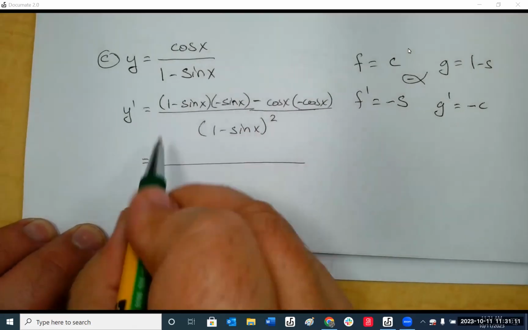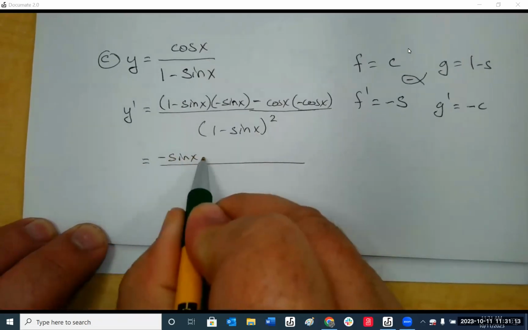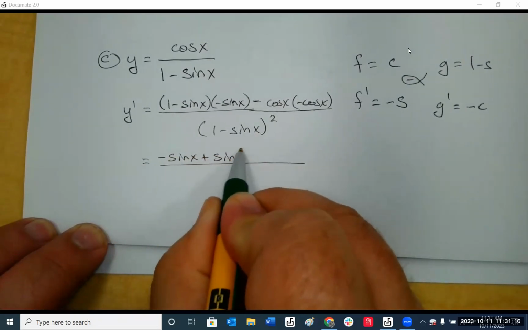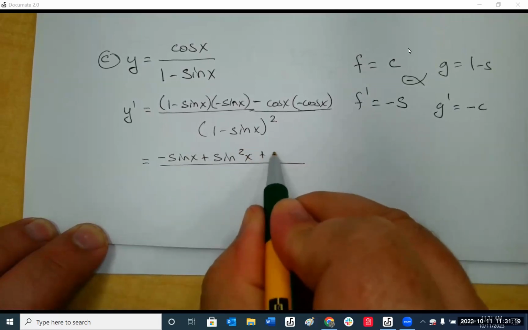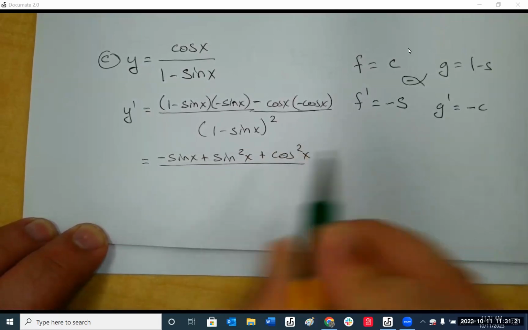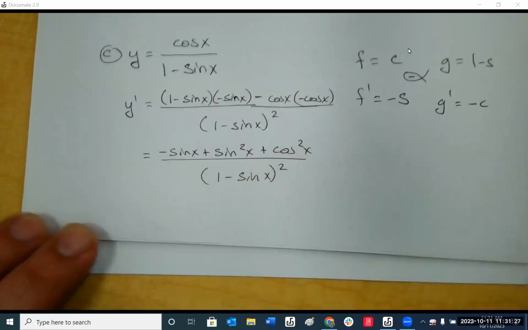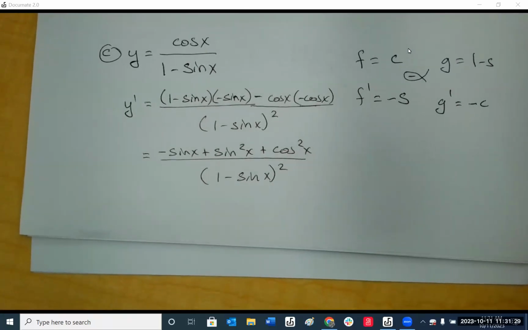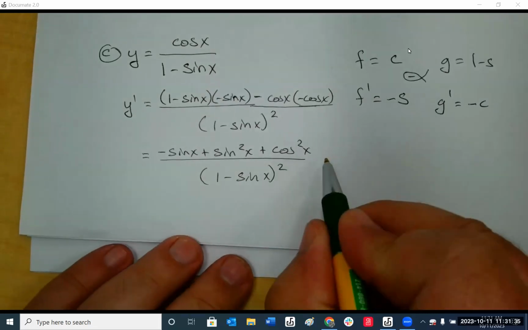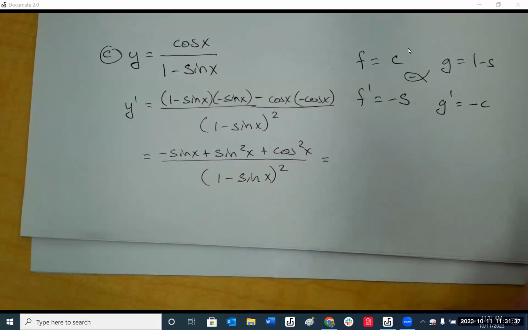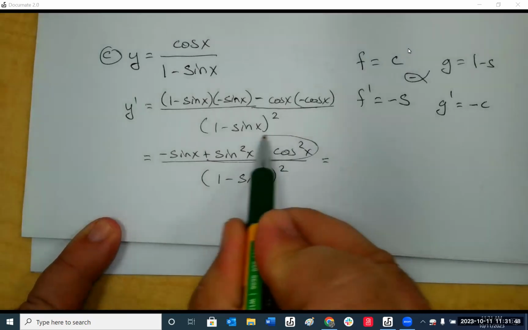Let's see what we can do on top. We have negative sine x plus sine squared x plus cosine squared x, all over 1 minus sine x squared. Can we do anything on top? Again, I just put 1 for the sine squared plus cosine squared.